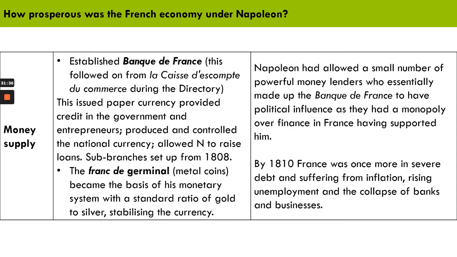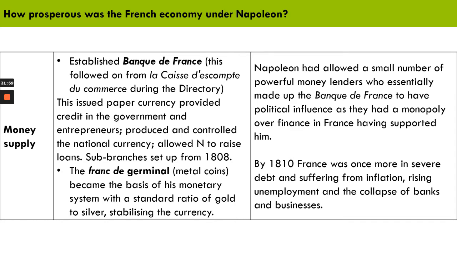And we could say, in terms of the money supply, that inflation didn't go away. They were in debt after 1810, and there was, as I said, a crisis of banking after that point, because they had overinvested their money.